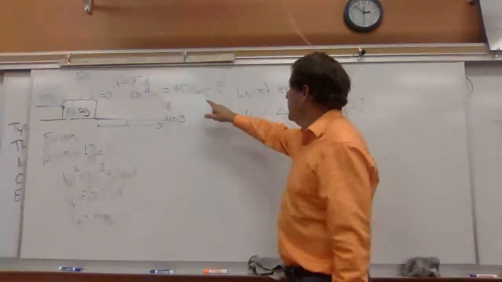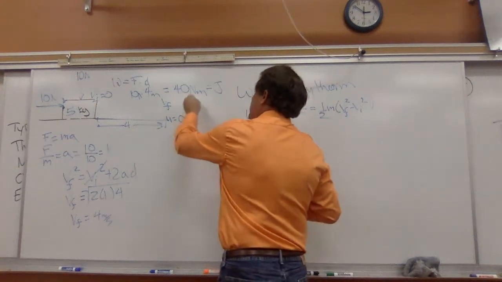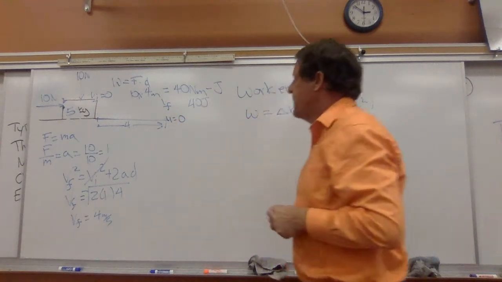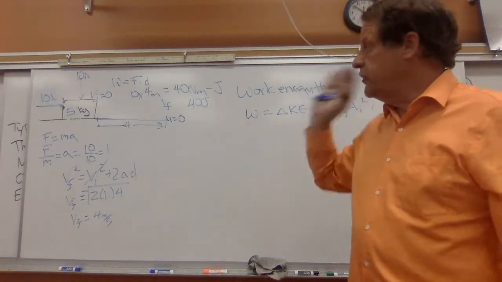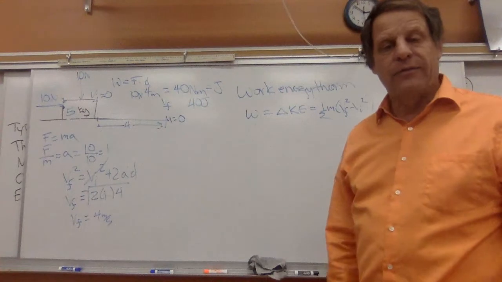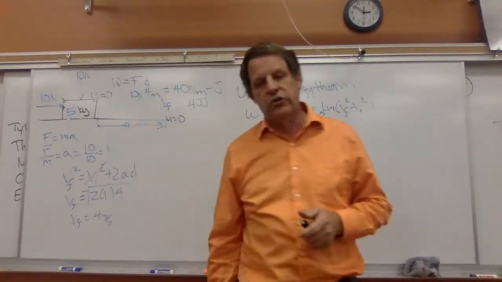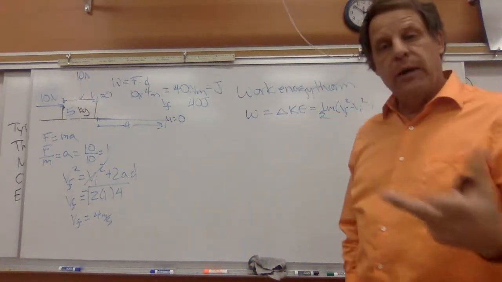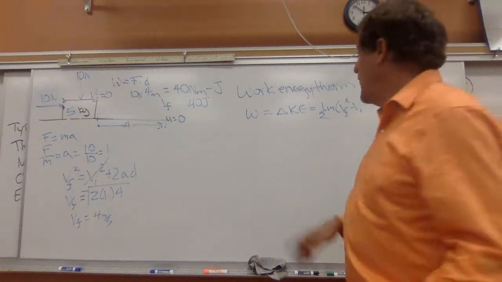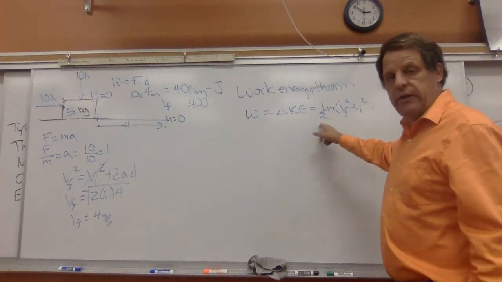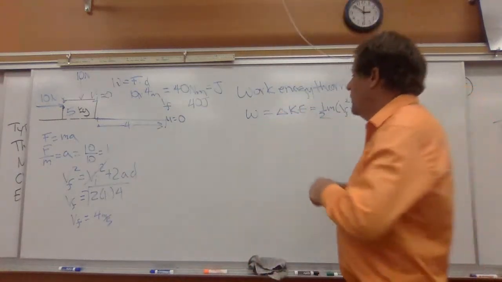So we already said that we're going to end up with 40 joules, okay? 40 newton meters, same thing as 40 joules. Now, if we put 40 joules into an object that has a mass of 5, and we have an initial velocity of 0, then what is our final velocity? And that is where this work energy theorem makes it nice and easy.